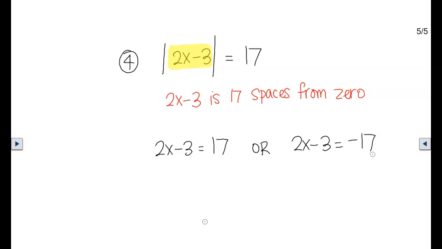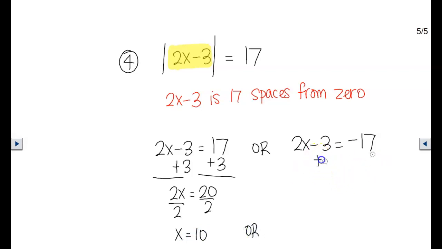All right, so we know about 2x minus 3. We know he could be 17 or negative 17. Now let's see what x is. So to solve, we would add 3, which would give us 2x is equal to 20. And then we would divide by 2, which would give us x is equal to 10.